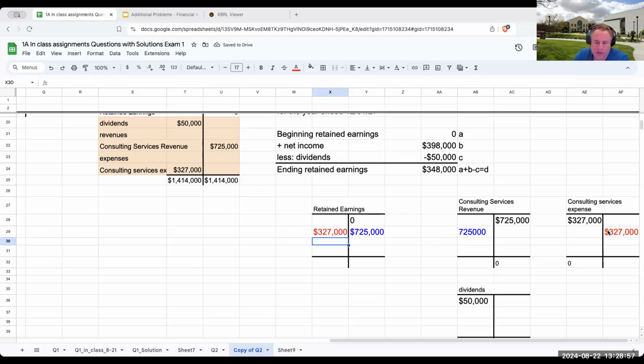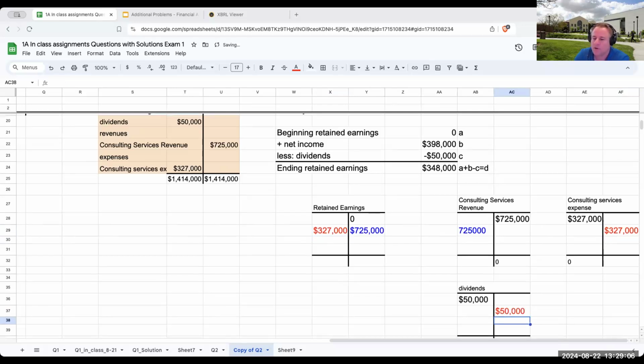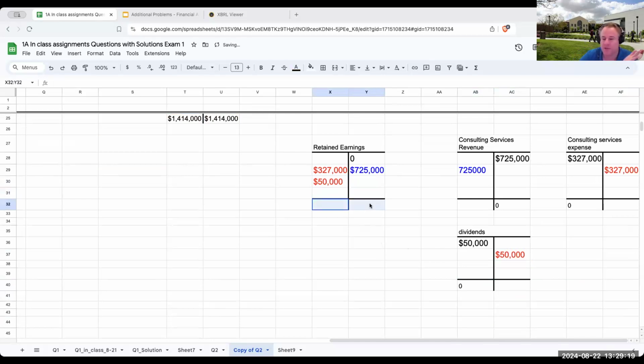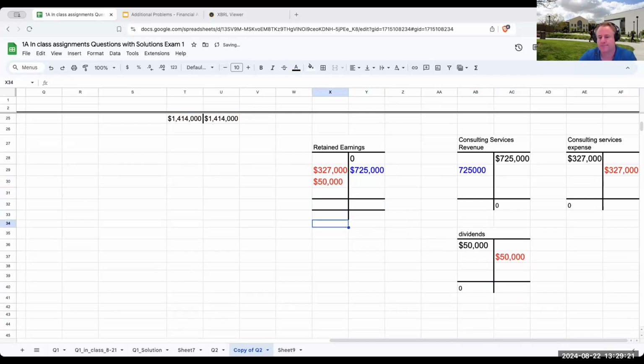So if I'm crediting consulting services expense to make it go to zero, I have to debit retained earnings. Dividends. Over here, I have to credit dividends. This is going to make the account go to zero. For every credit, I need a debit. So right over here, I'm going to debit retained earnings.